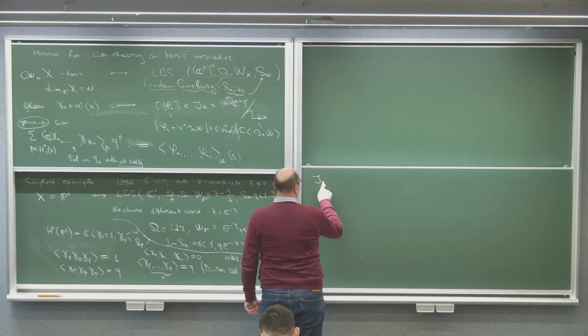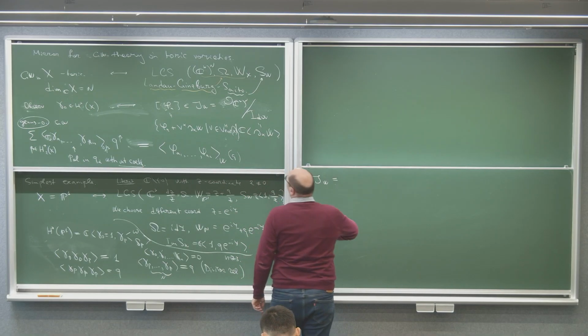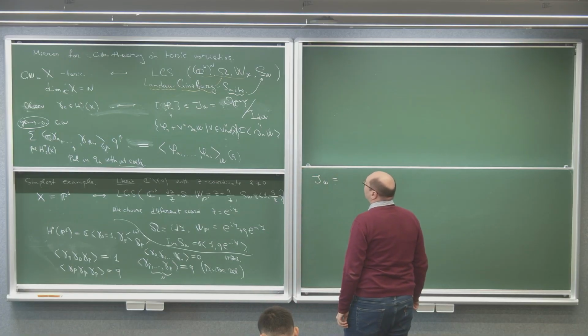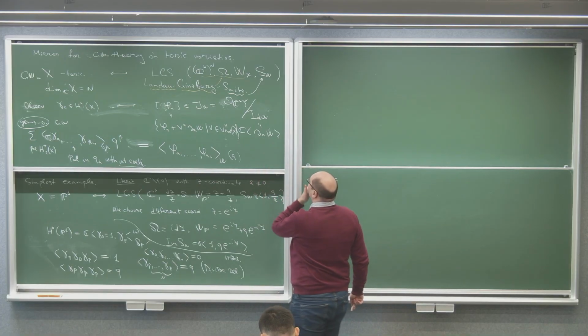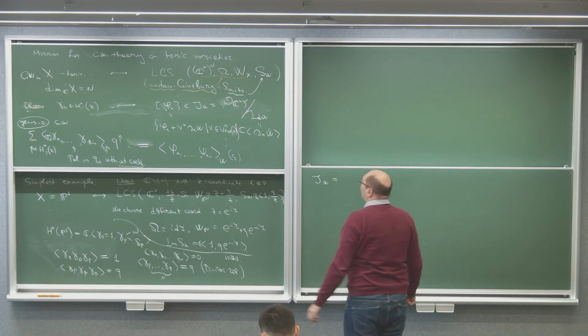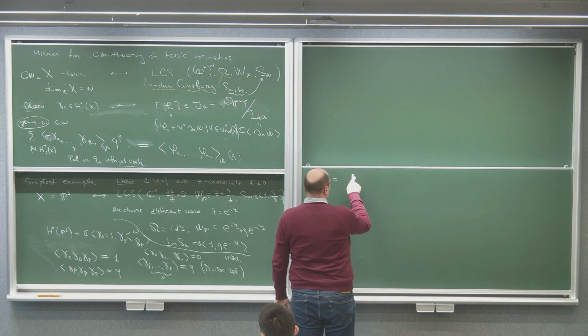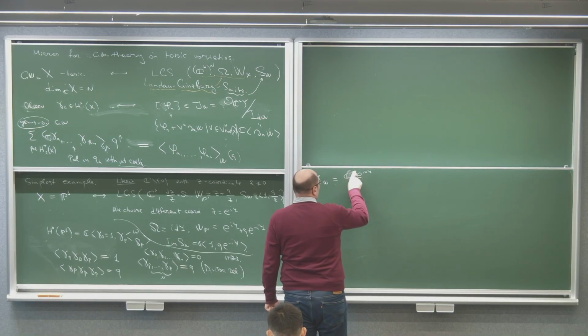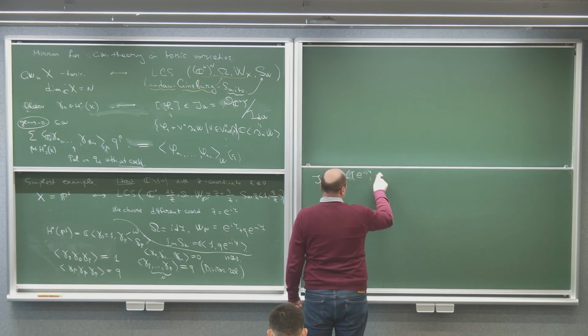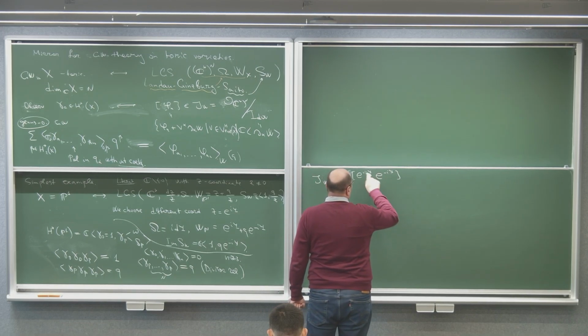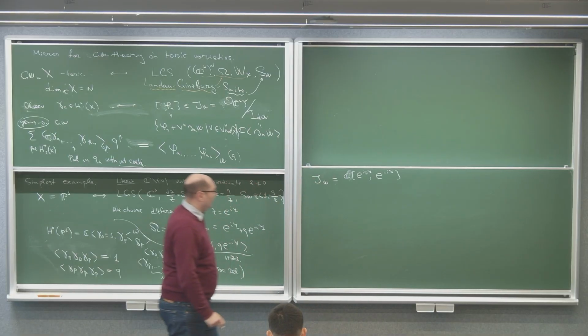So let us look at the Jacobi ring for CP1, for the mirror of CP1. We have holomorphic functions, and we quotient by the gradient ideal. Our holomorphic functions are essentially polynomials of e to the iy and e to the minus iy.